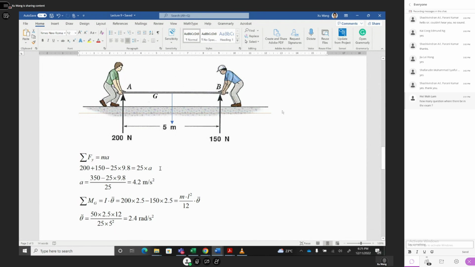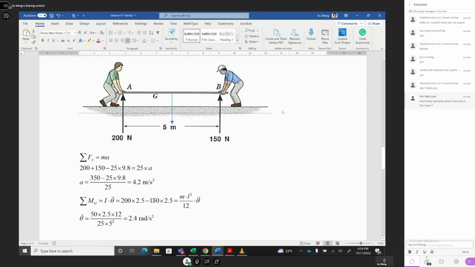Straight away we use Newton's law. Then you take the center of gravity, point G, and sigma M equal to 0. You have 200 clockwise multiplied by 2.5, and the anti-clockwise 150 multiplied by 2.5 is negative. This sigma M should be equal to I, for this rod the rotational inertia m L squared divided by 12, multiplied by theta double dot, the angular acceleration.